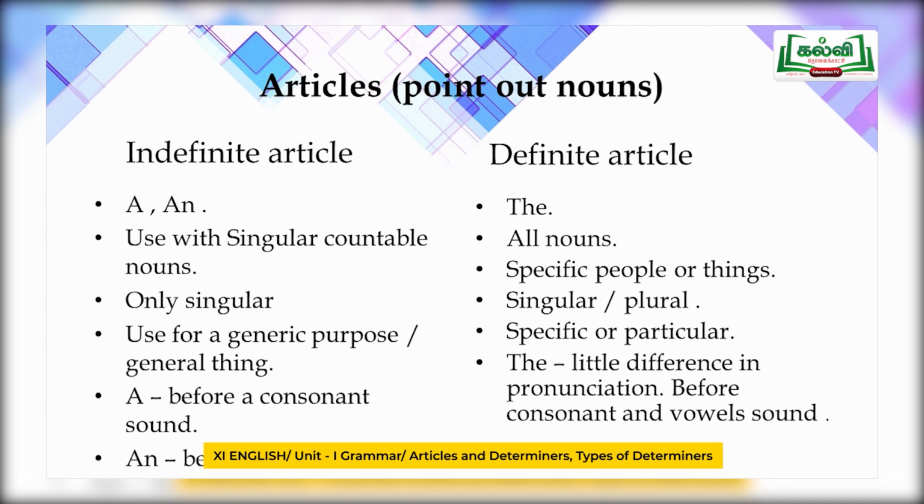The indefinite article is used for a generic purpose or general thing. But the definite article is used for specific people or things. Another point is that a comes before a consonant sound and an comes before a vowel sound.